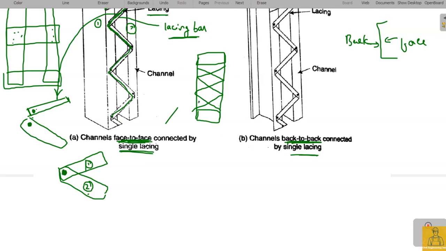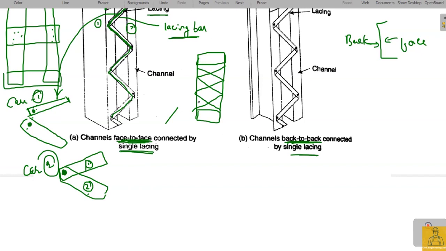So both these lacing bars are connected at the same point. This is important because when we solve problems, this makes a difference. But in the other case, what happens? Both lacing bars are individually connected at two different locations. They are not connected at a single point, they are connected at two different points.